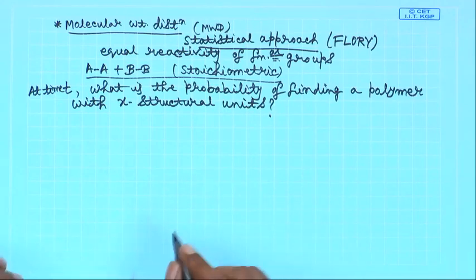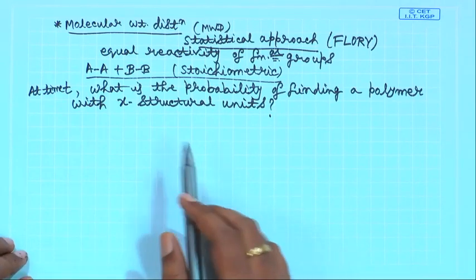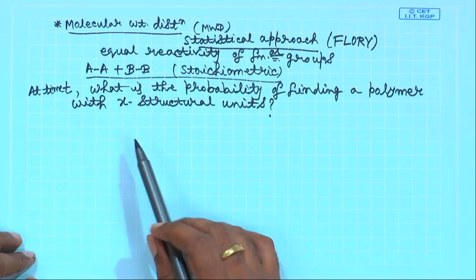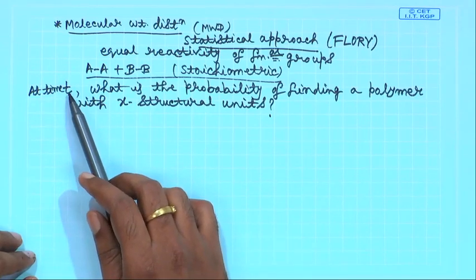So, the polymer is growing with time. The question that we are going to ask is that suppose the reaction has progressed up to time t. So, at this point of time, what is the probability that we will find a polymer that is having x number of structural units?